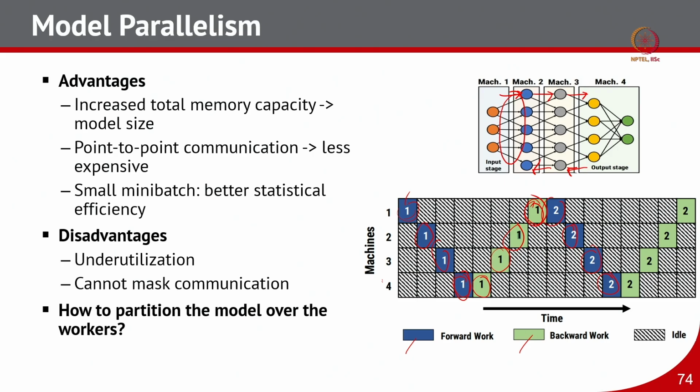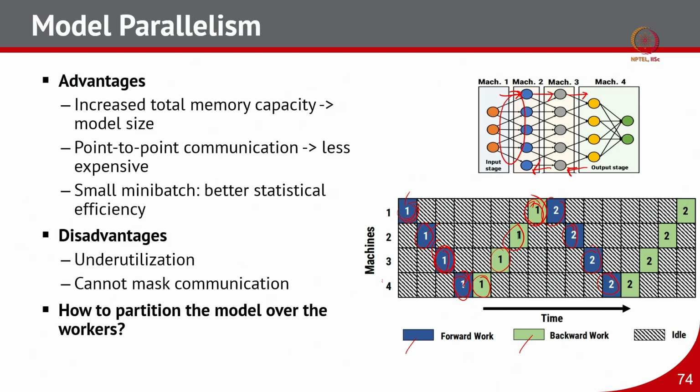That is model parallelism, but the disadvantage is underutilization. You can see that whenever machine 1 is doing something, machine 2, machine 3, machine 4 are not utilized, right. Similarly, when machine 3 is doing something, machines 1, 2 and 4 are not doing anything. So, that is the underutilization.